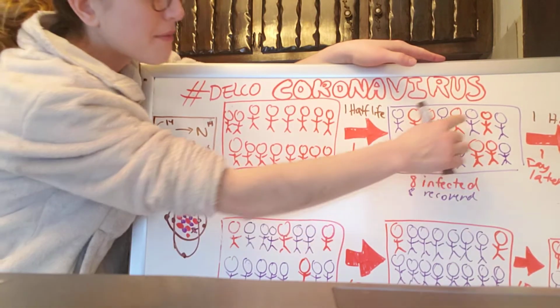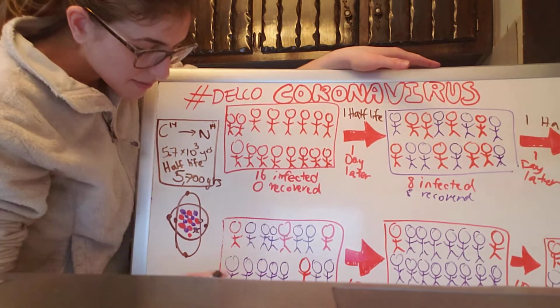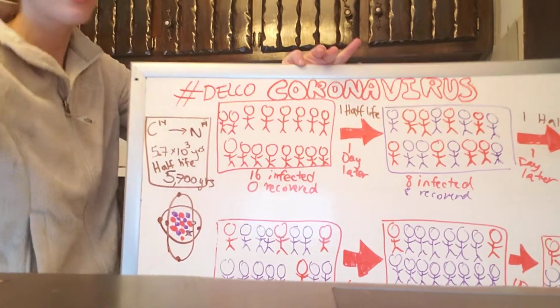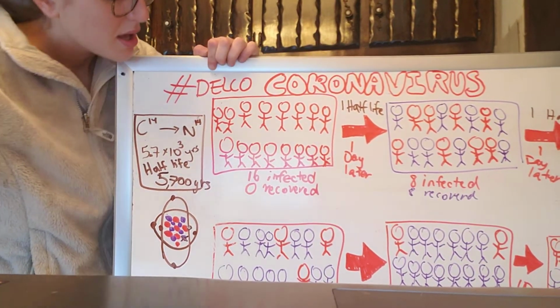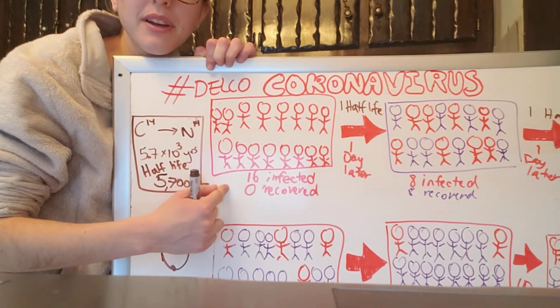And then for half of those carbon-14s that are remaining, it'll take 5,700 years more to decay half of it. So now going back to my scenario, replacing carbon-14. In my first scenario, I had 16 people in a hospital infected with coronavirus.